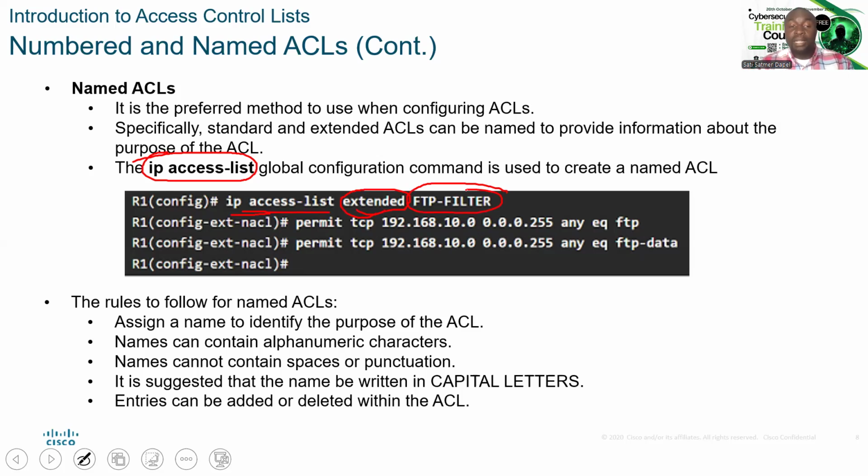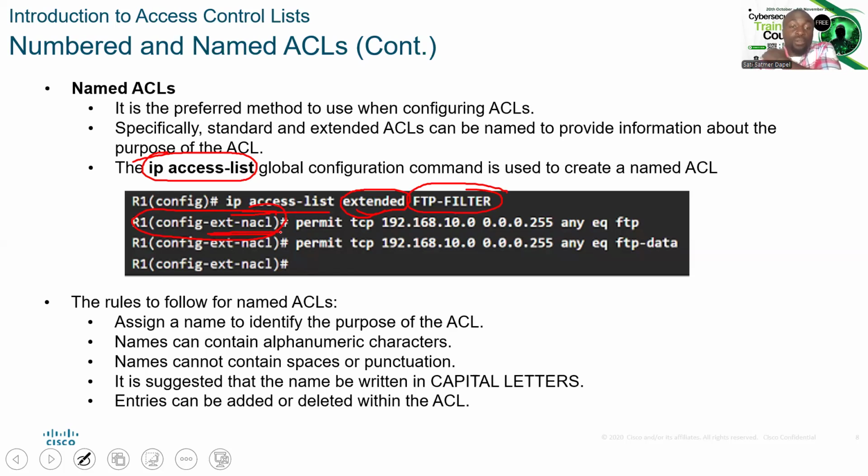After you write that, the router automatically notices and changes its prompt. You will see something that looks like EXT, which is extended, then NACL, which means named access control list.